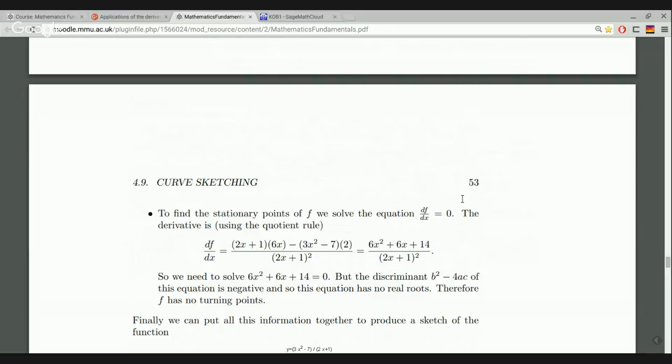It's going to be minus 3/4 where it crosses the y-axis. And there's no stationary point, so there are no minimums or maximums. So we're not going to produce a turning point in our sketch of the graph at any point.